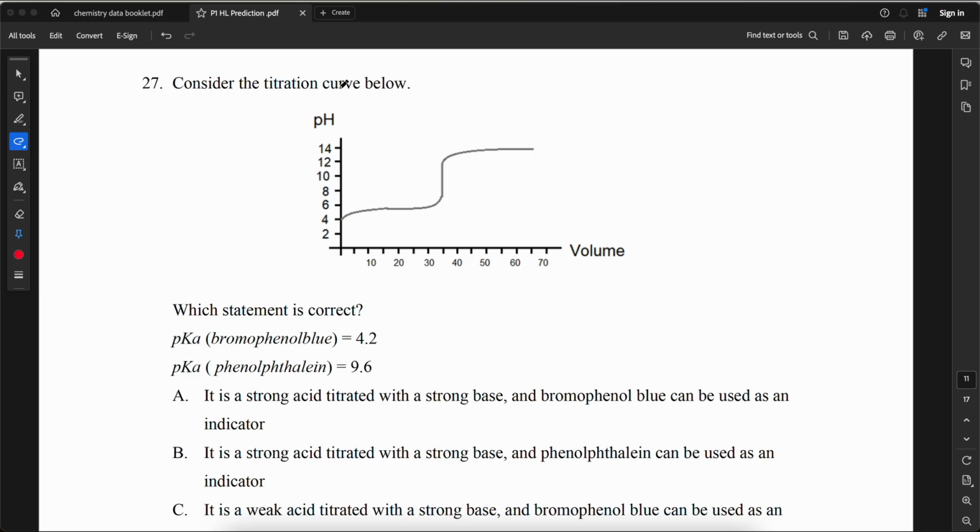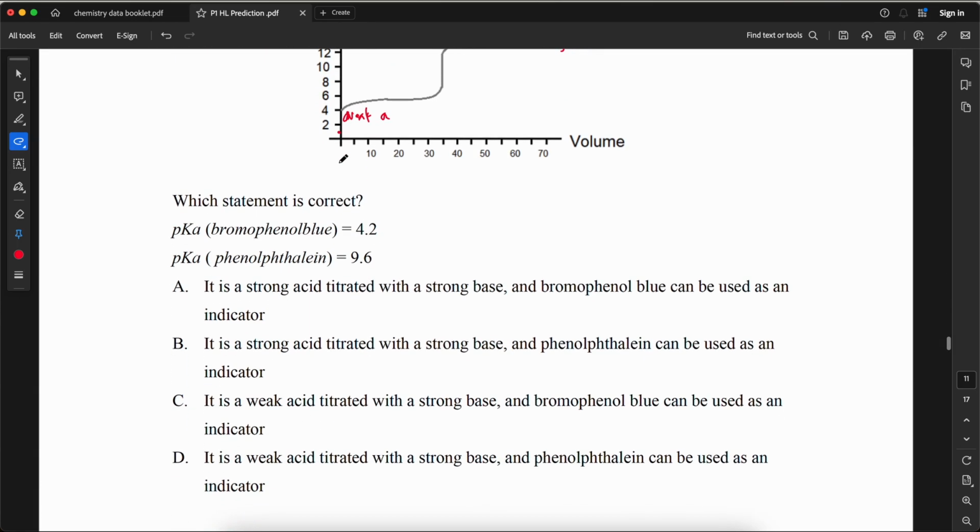Consider the titration curve below. This one is a weak acid and this one a strong base, because it starts from around 4. If it were a strong acid, it would start down here, 0 point something or 1 point something. Which statement is correct? It is a weak acid titrated with a strong base, and phenolphthalein can be used as an indicator.